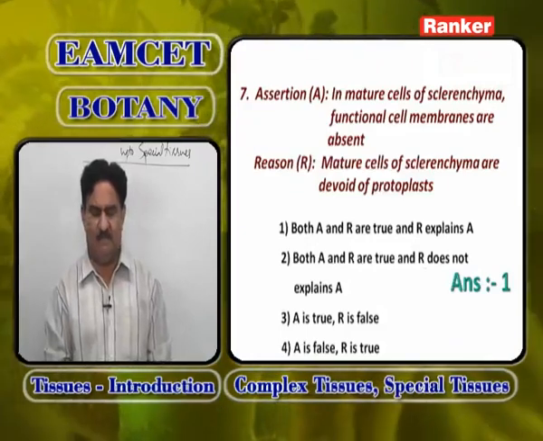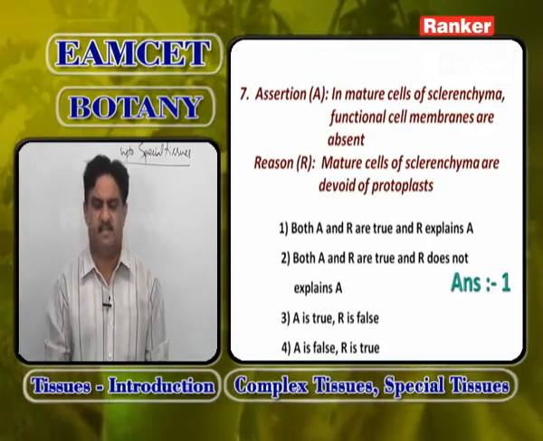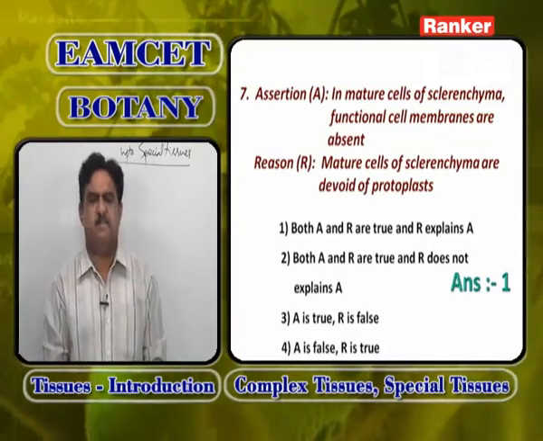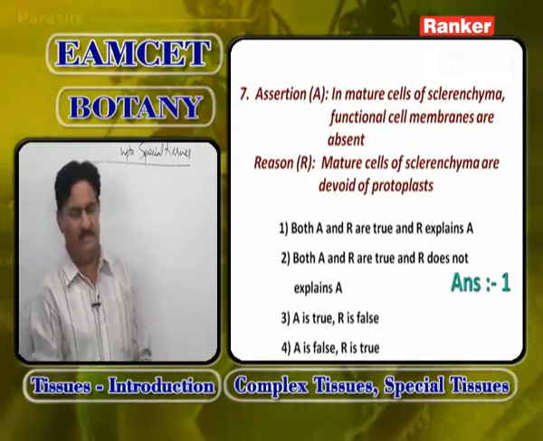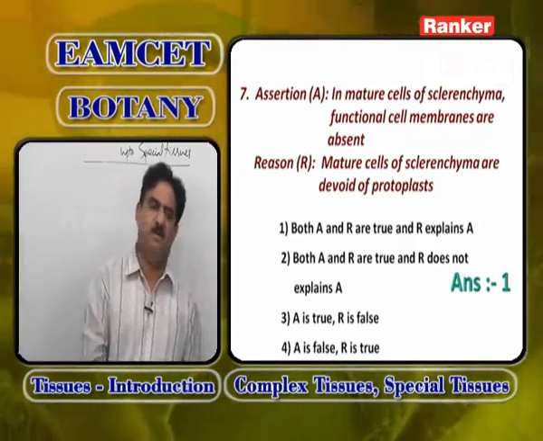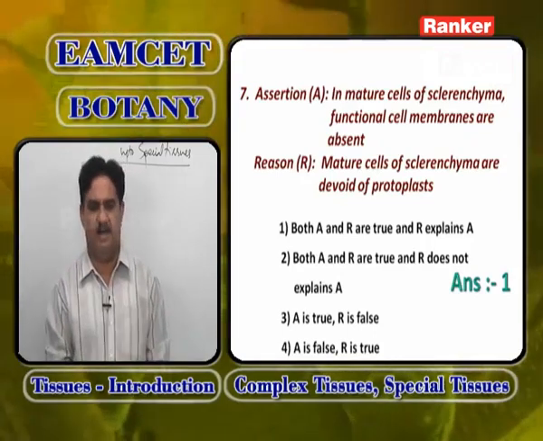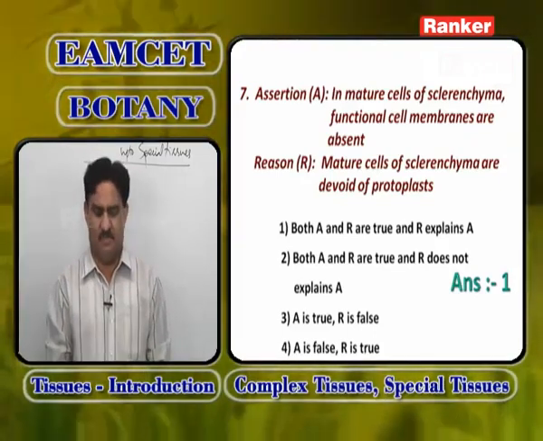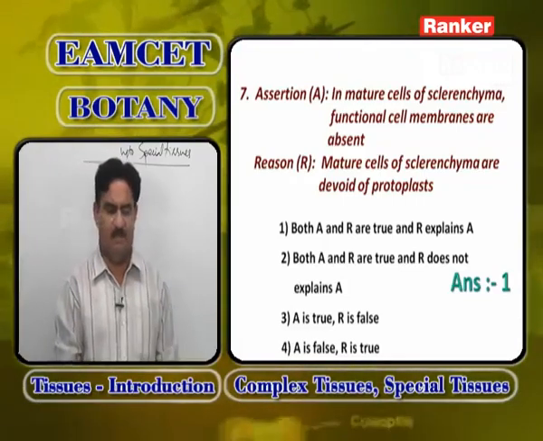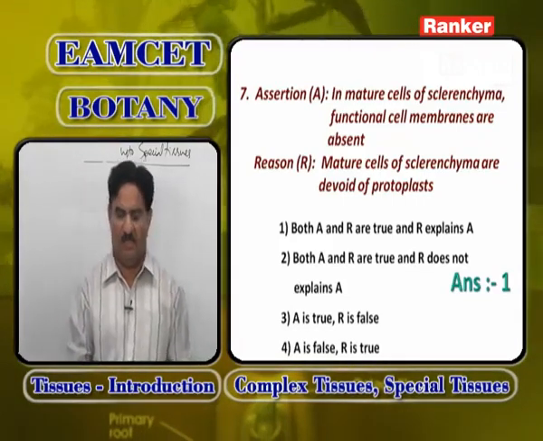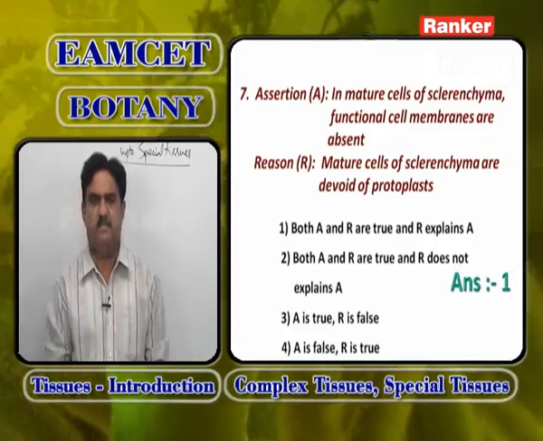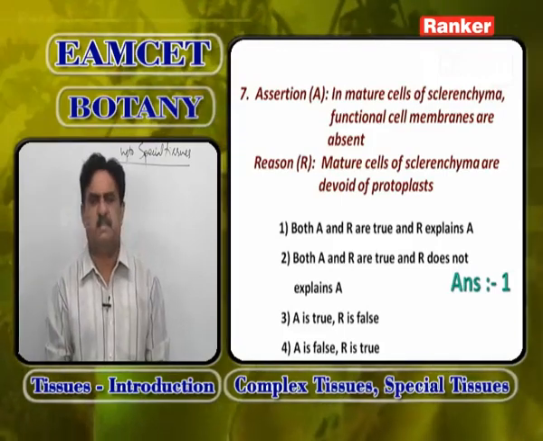So the assertion is correct, and mature cells of sclerenchyma being devoid of protoplast is correct. Because the mature cells are devoid of protoplast, functional cell membranes are absent. So both A and R are correct, and R explains A. First option.